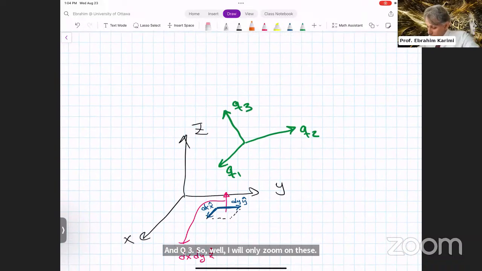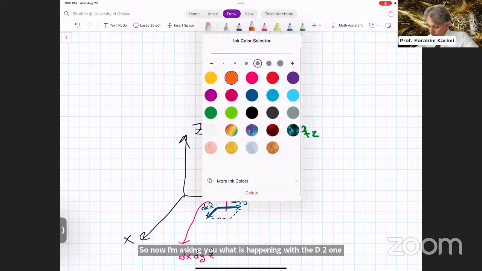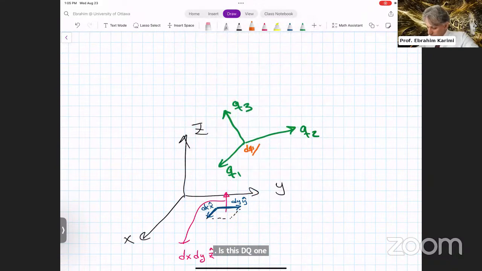So now I'm asking you, what is happening with the dq1? Is this dq1 that is a dq1 q1 hat? Is that correct, guys? Is that the element of the length?